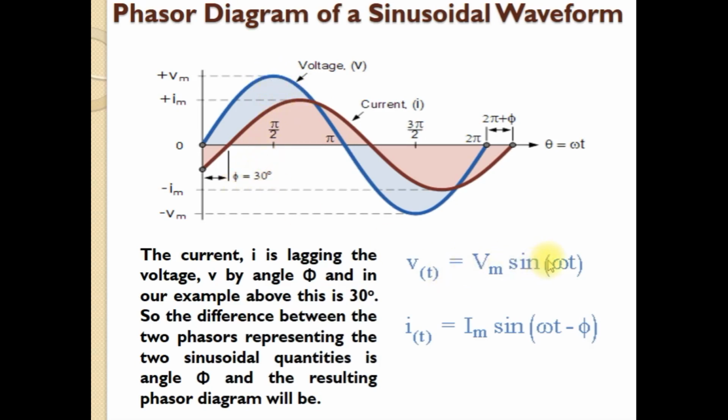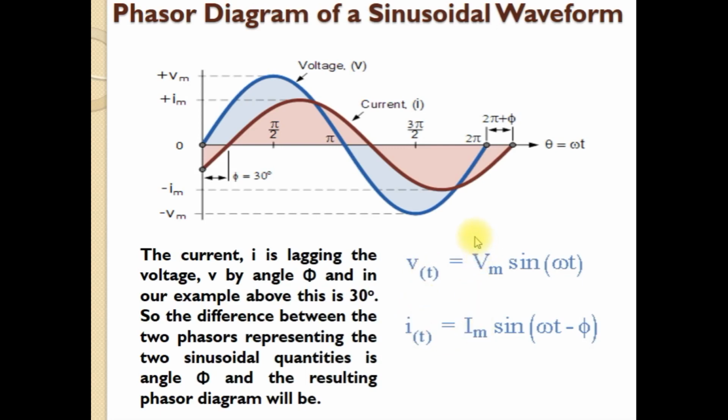And if it is expressed mathematically, it can be seen from here. Here you can see that this corresponds to the reference waveform, and there is a phase difference of 5 radians or corresponding degrees with respect to the reference. That means this waveform is lagging with respect to this by an angle of 5 degrees. And here I have considered a voltage and current waveform.